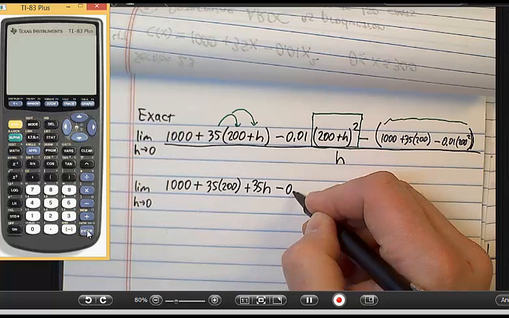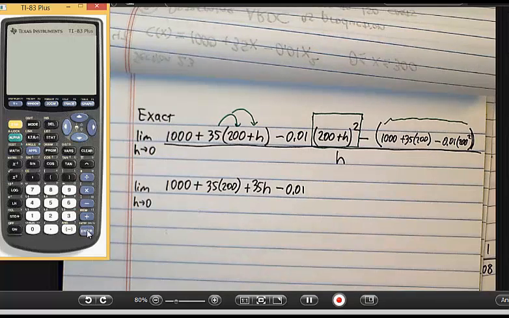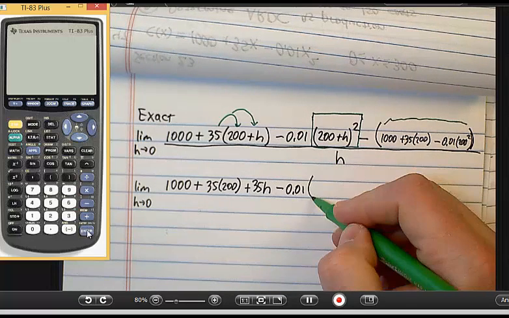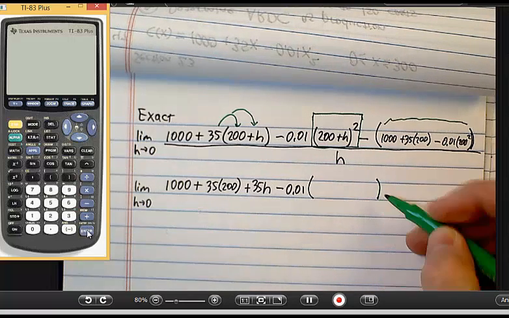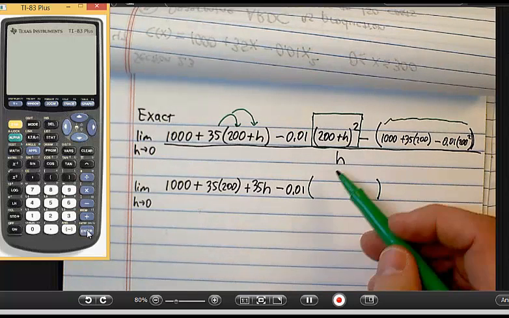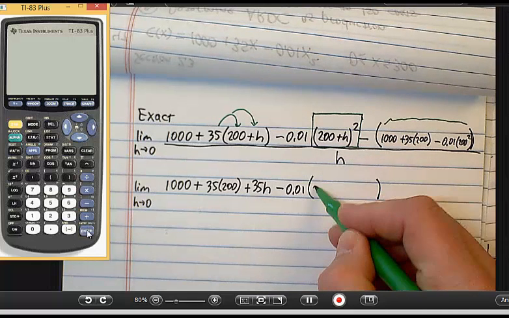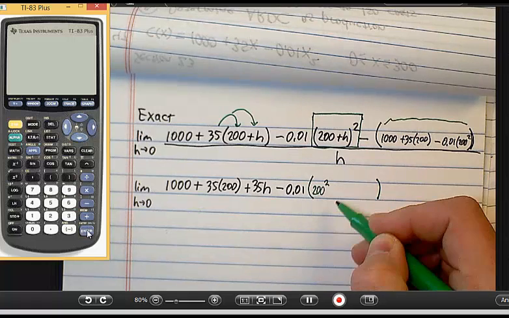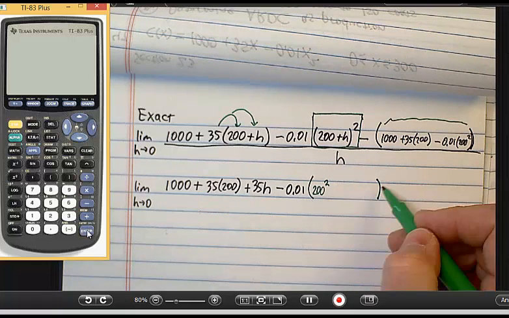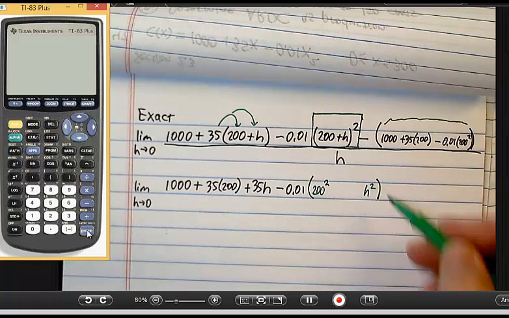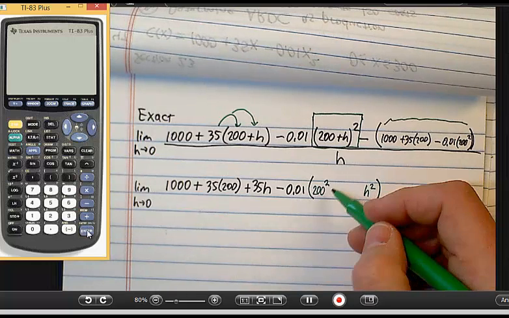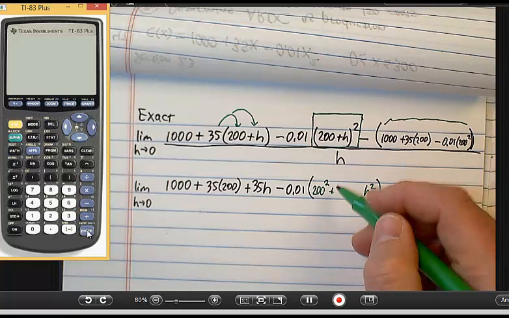Minus 0.01. And now I know when I square a binomial, I get a what? Trinomial, thank you. And so what do I get? I get 200 squared, whatever that is. At the end here, I'm going to get h squared. And the middle term you get by doubling the product is 400h.